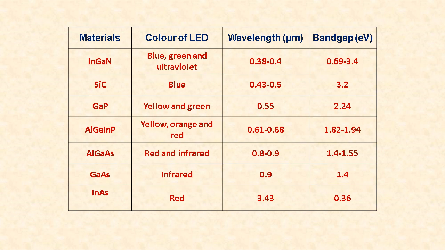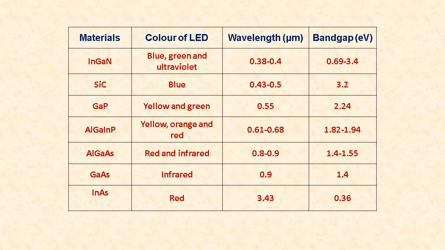For aluminum gallium arsenide, color of LED is red and infrared and wavelength is 0.8 to 0.9 micrometer and band gap energy is 1.4 to 1.55 electron volt. For gallium arsenide, color of LED is infrared and wavelength is 0.9 micrometer and band gap is 1.4 electron volt.